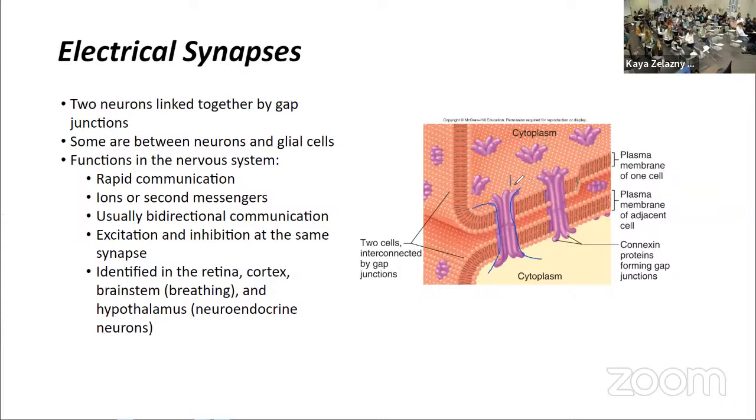So if we have sodium in the cytoplasm of one cell, it's going to diffuse around, and it's going to treat the cytoplasm of the second cell just like the cytoplasm of the first cell. So we could have ions move directly from the cytoplasm of a presynaptic neuron to the postsynaptic neuron.